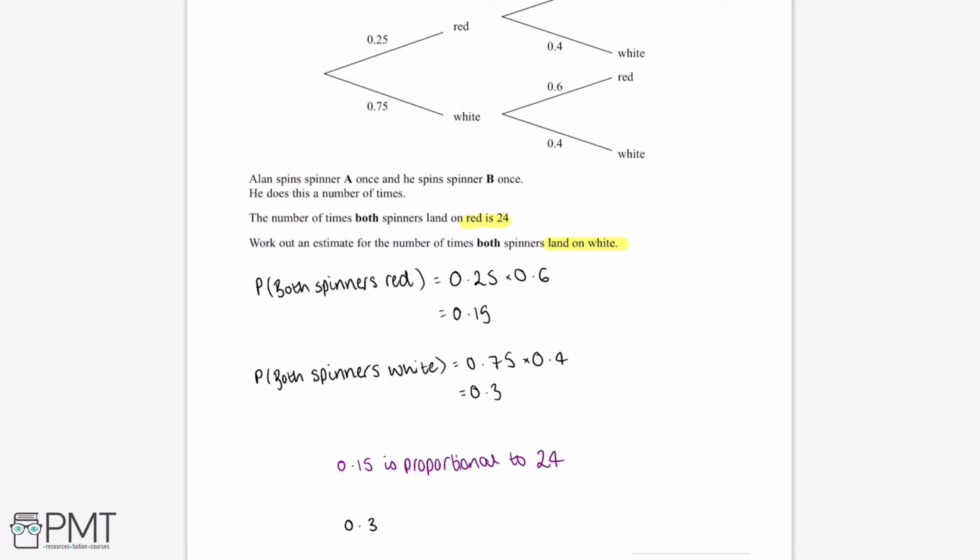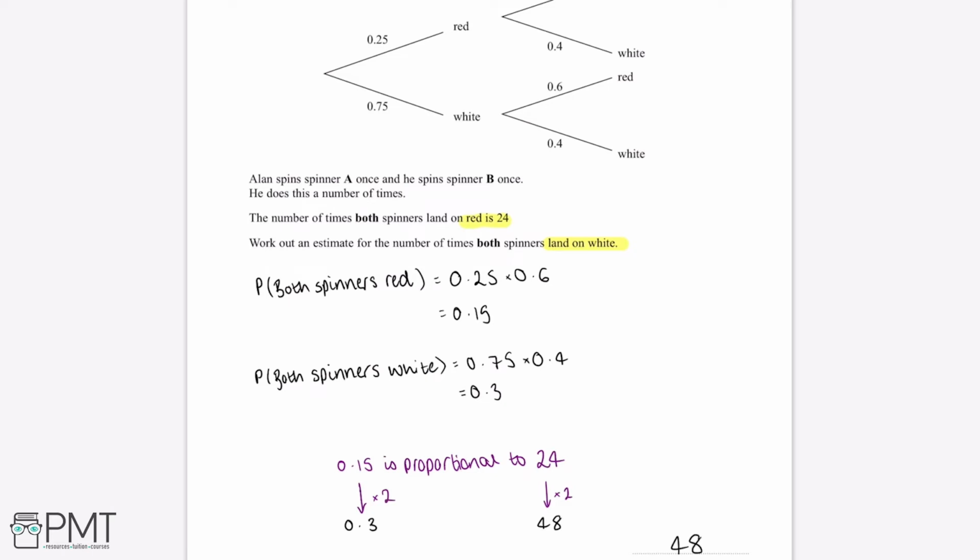In order to get from 0.15 to 0.3, we multiply by 2. Because we've doubled the chance of this event happening, we can also double the number of times the event happened. So we can multiply 24 by 2, and this gives us an answer of 48. And this is our final answer.